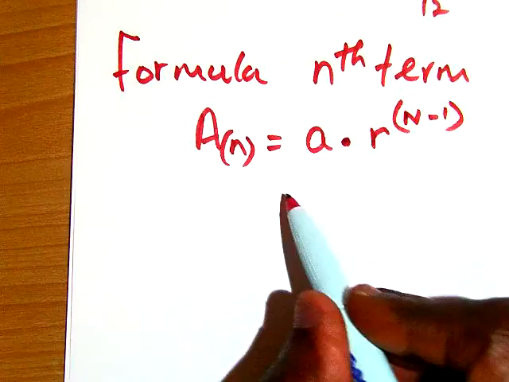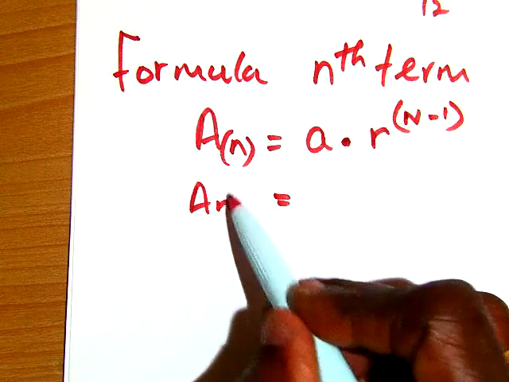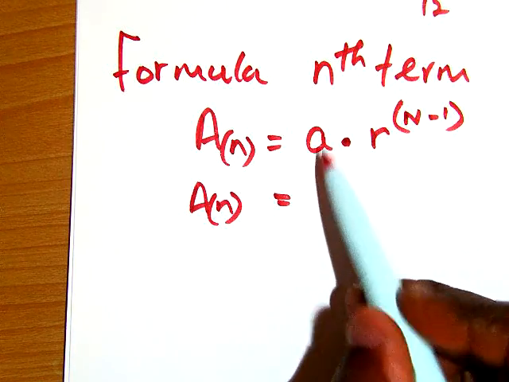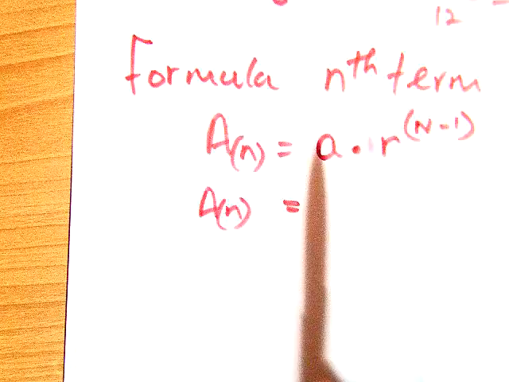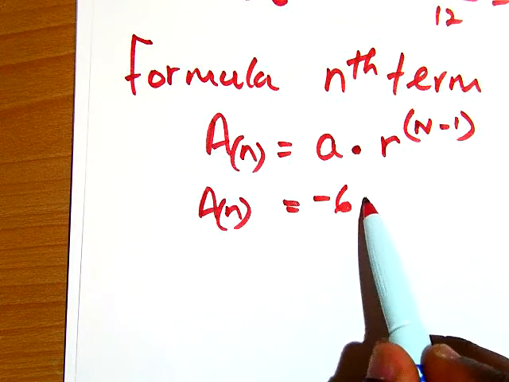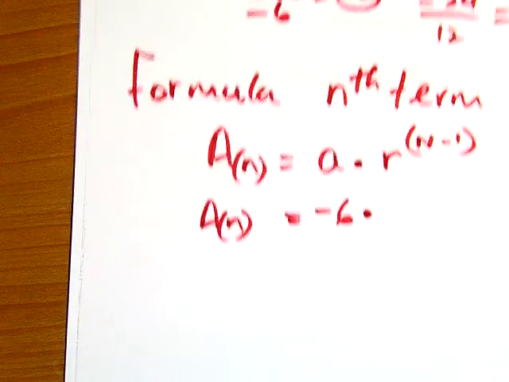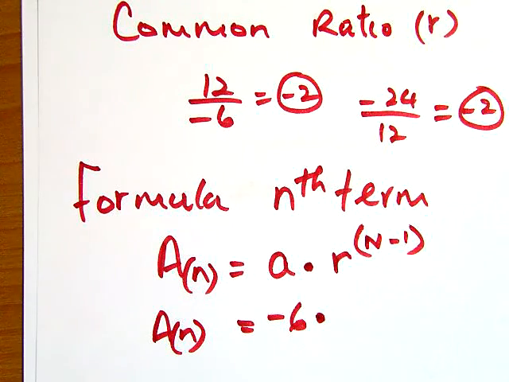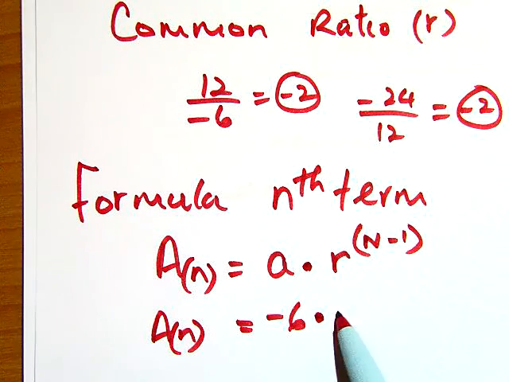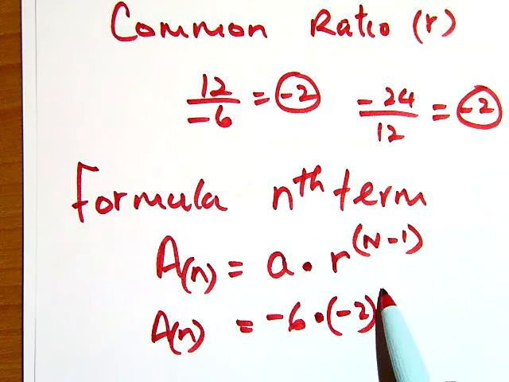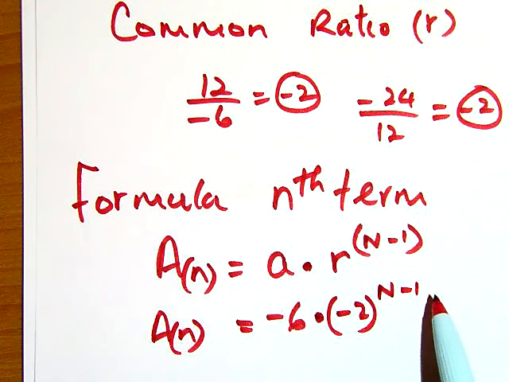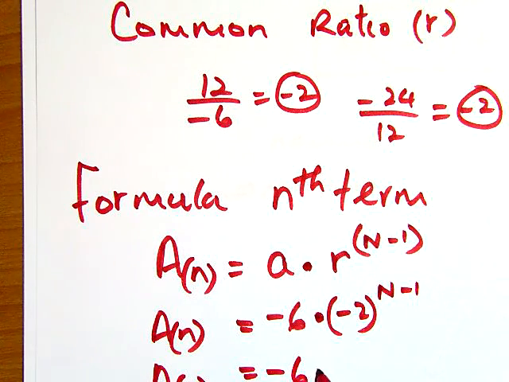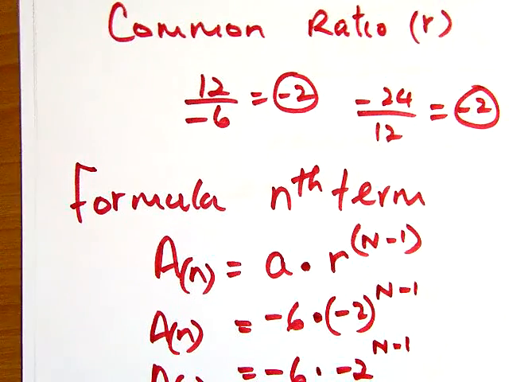So if we plug in the information we have in this example, my formula becomes, the first term was -6, so that's -6 times the common ratio, which we found to be negative 2. So it's negative 2 and then n to the minus 1 power. So the nth term for this geometric sequence is negative 6 times negative 2 to the n minus 1 power.